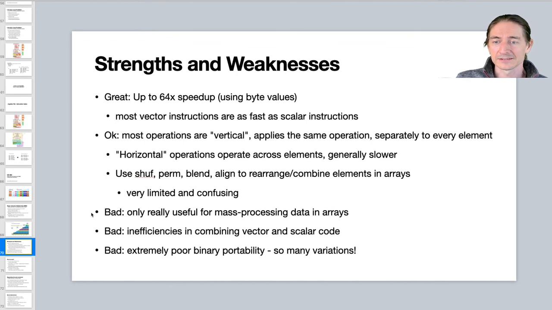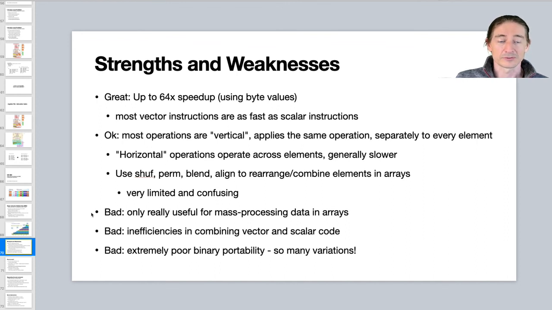On the bad end, it's really only useful for mass processing data that's sitting around in rather densely packed arrays. You don't get much benefit out of it if you only want to read 1 byte from each cache line, let's say. You don't get any benefit if you want to chase a lot of pointers.